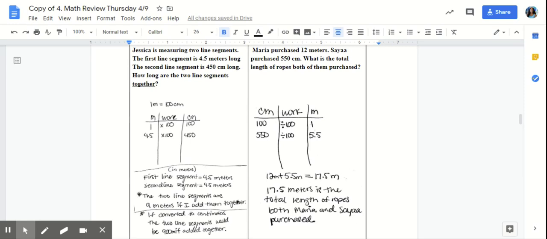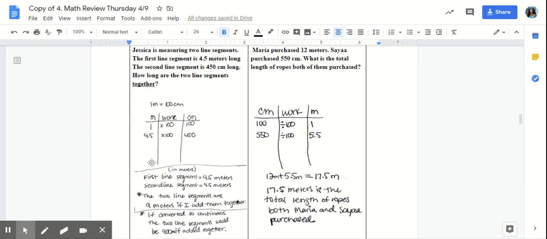So now that I've converted my meters into centimeters, I can add my numbers together. So again, my first line segment is 4 and 4/10 meters. My second line segment is the same. So the 2 line segments are 9 meters if I add them together.